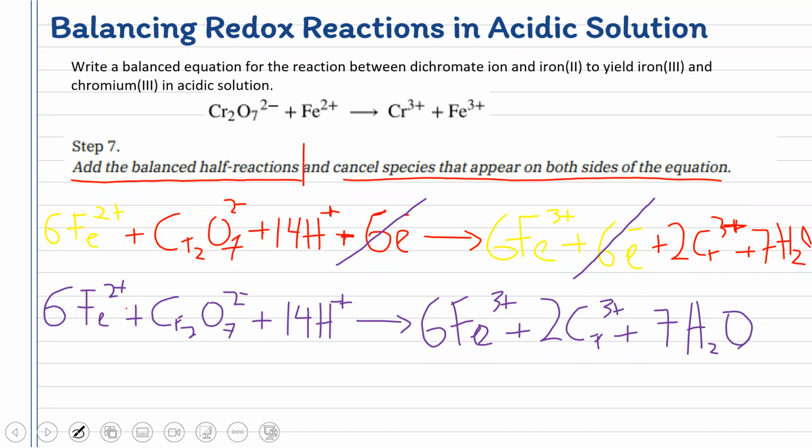So this is our final equation. This is how it looks. As you can see, it's very long.